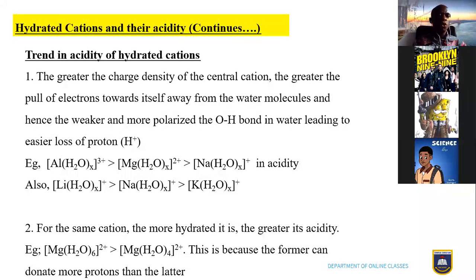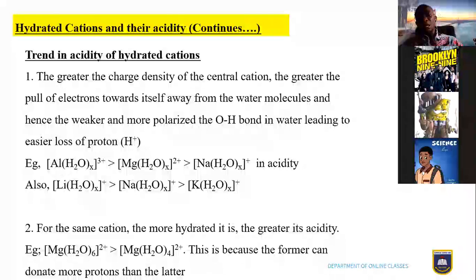Okay, so in explaining, you can say they have the same charge. All of them have the same charge. Size increases in the order Be less than Mg less than Ca. That's the increasing order of size.